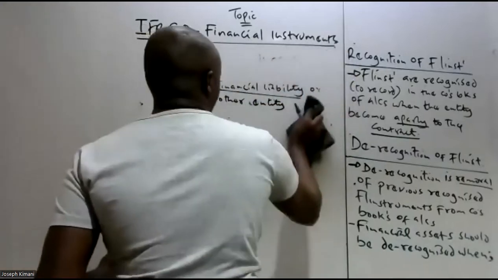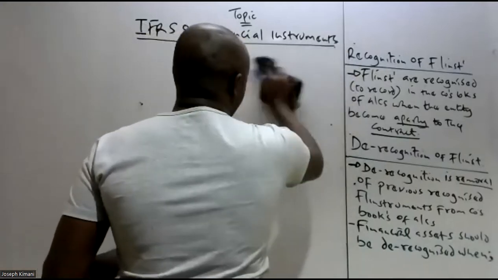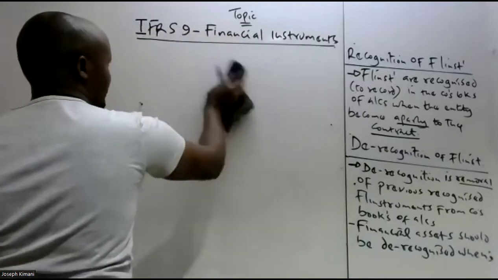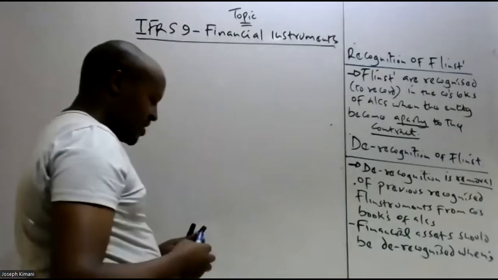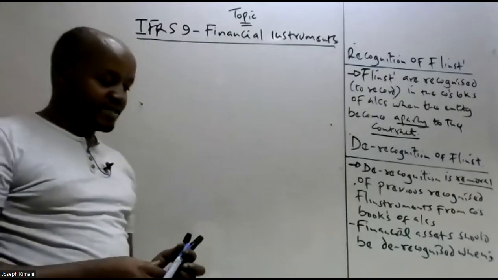Number one is when the company transfers all the risks and rewards associated with a financial asset.